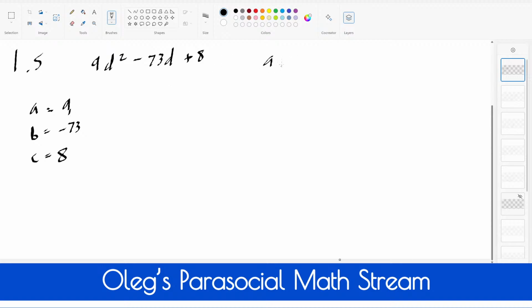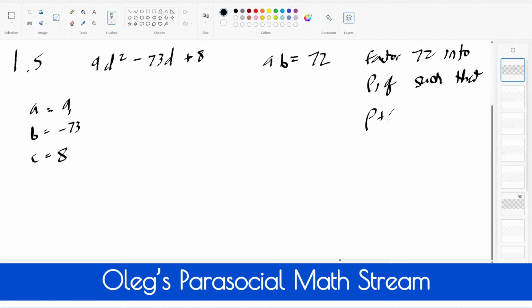So we have AB, which is equal to 72. Factor 72 into P and Q such that P plus Q is equal to B. So P plus Q is equal to negative 73.